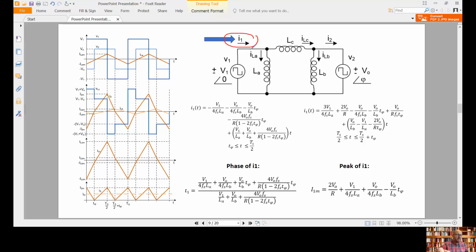These are the expressions in time, and from this we can obtain the phase of I1, in time, which is the time T1, and also the peak value of I1, I1M. At the end, I1, as I have said, is the addition of ILC, this triangular waveform, plus ILA, which is this other triangular waveform.